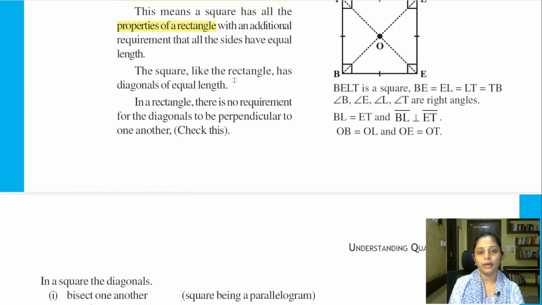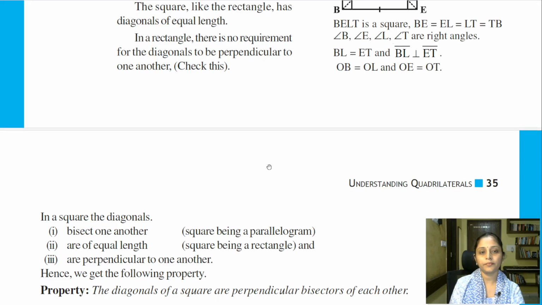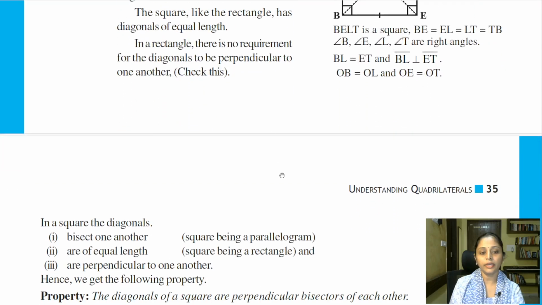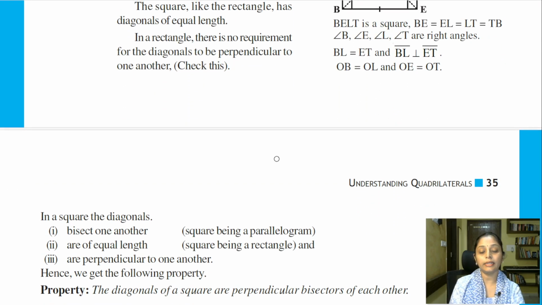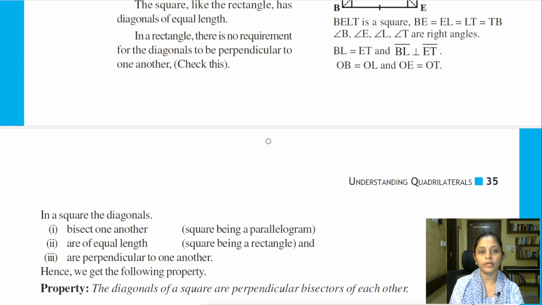And then here additionally the property is that the diagonals not only bisect each other, they're perpendicular to each other. We are going to prove it geometrically, right? How do we prove it? So this is the property that the diagonals of a square are perpendicular bisectors of each other.